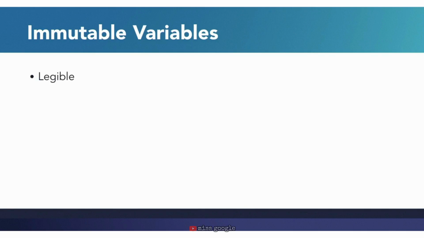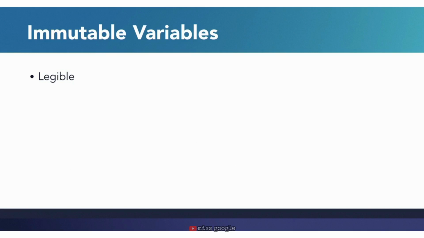1. Legible code. The first benefit of immutable variables is that they help make your program more legible and comprehensible. I think of keeping track of variables like juggling. I know it sounds a bit silly, but stick with me. When juggling, I need to keep track of each ball, where it is, and where it is going. With variables, I need to know who creates it, who can read it, and who can modify it.